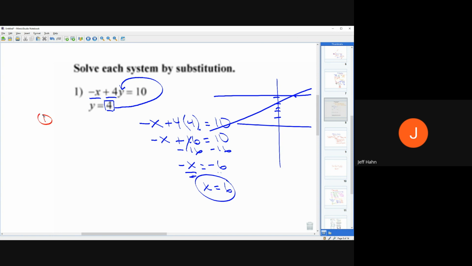But if it doesn't do that, let me write this down. Number 1, you have to substitute and solve. But you can't forget step number 2, which is you have to take the answer from step 1 and put that, I'll show you what this means in a second, into one of the two equations to solve the other variable.